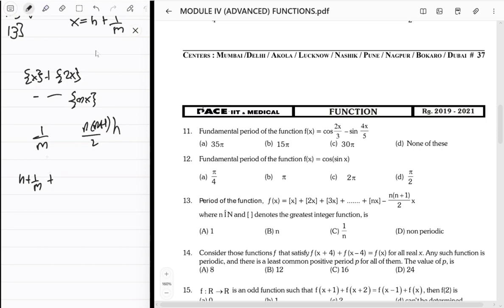Then 2 times that guy, like 2h plus, remember that is a very small quantity, this thing is negligible. Then you got 2 upon m and so on. Eventually you're going to get m minus 1 times h plus (m minus 1) upon m.